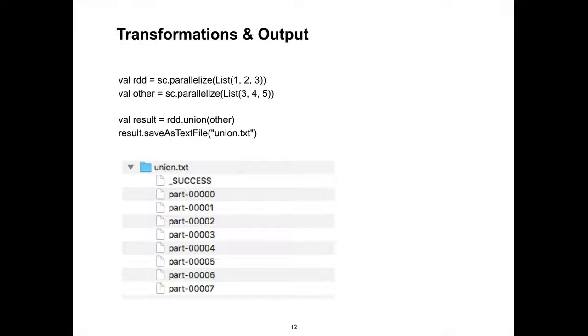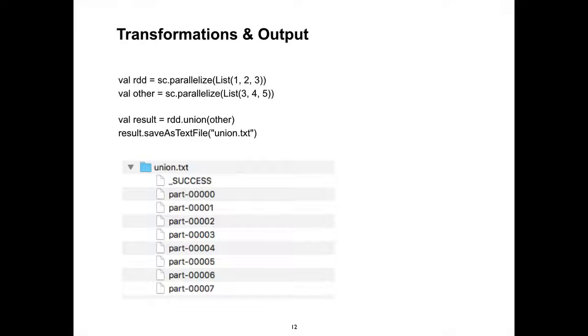So Spark has a number of ways of writing RDDs and data frames to a file. So, I parallelize them to two RDDs, do the union, and now this result, remember, is another RDD, right? And it's not computed until we want the results.